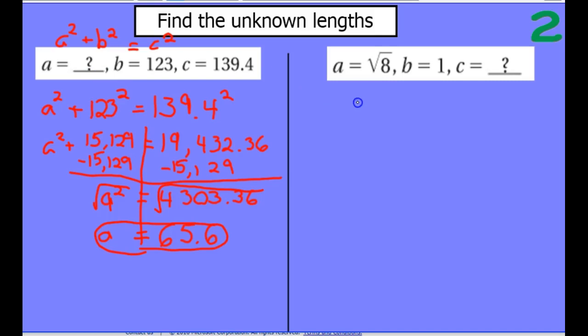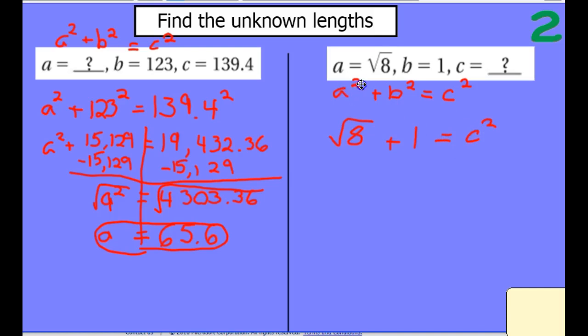Alright then, if we're doing a squared plus b squared equals c squared over here, this is what's called the Pythagorean theorem again. What we need to do then is find what c is, given the square root of 8 plus 1 equals our c squared.